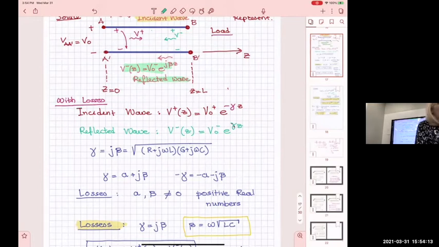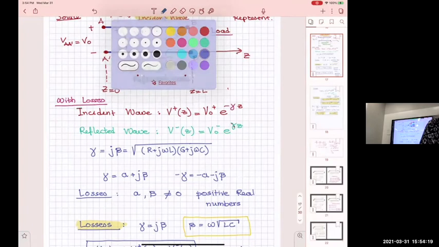Beta still is called the propagation or the phase constant. Gamma is called the complex propagation constant in this case.